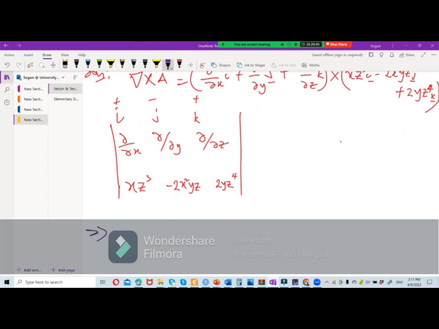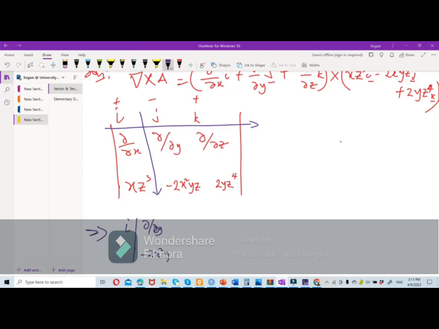Okay. So now that we have this, all you need to do is solve it determinantly. Let's pick i. Remember, when you are picking i, you cross out its row and the first column. That means we have i times the remaining: d/dy, minus 2x²yz, d/dz, 2yz⁴.